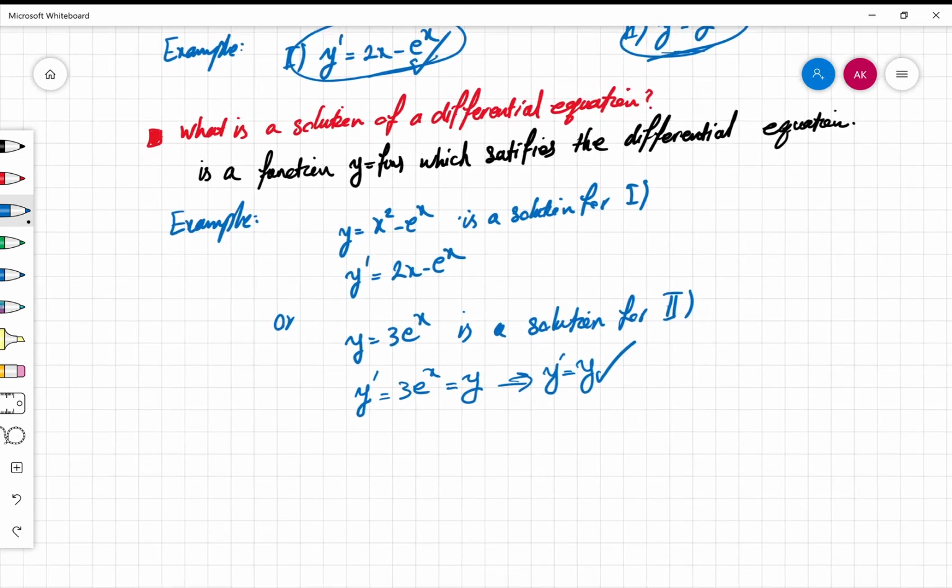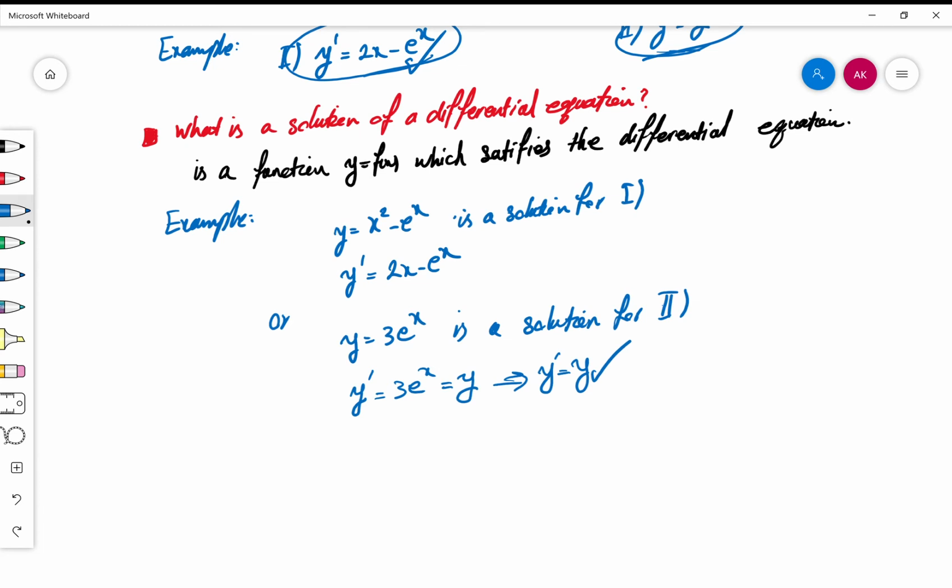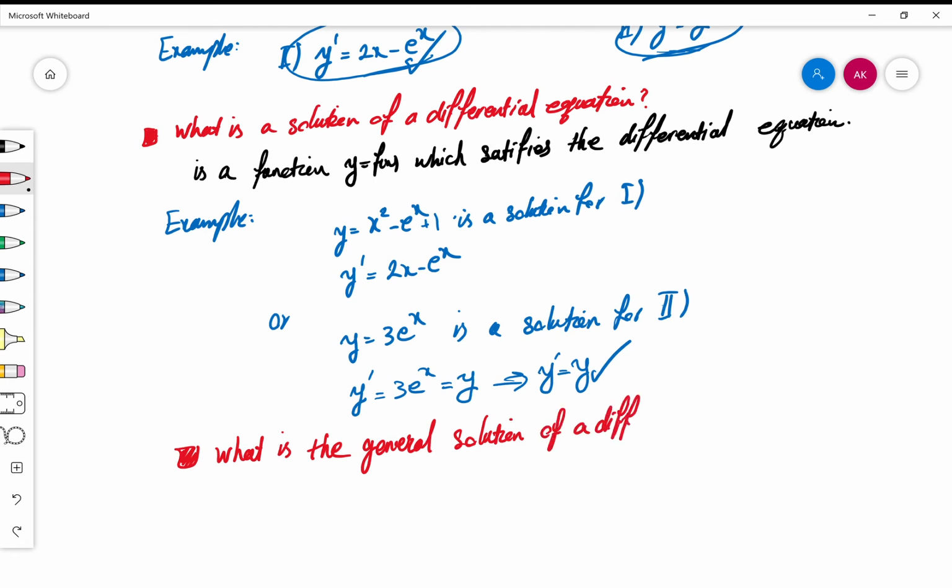Well, as you may notice here in these examples, a differential equation may have more than one solution. For example, you can see that if I put plus 1 here, that's also another solution. So that's where the new terminology comes in. What is the general solution of a differential equation?